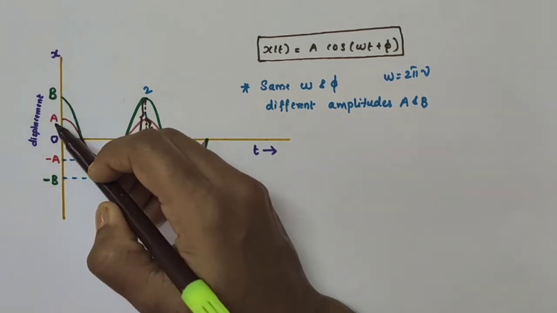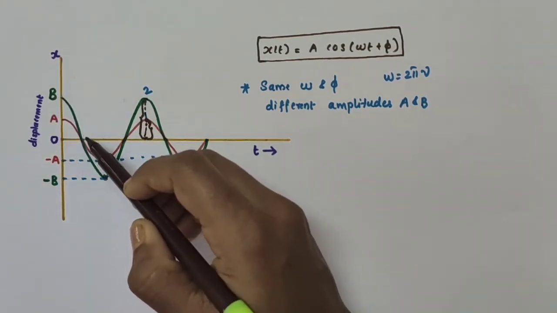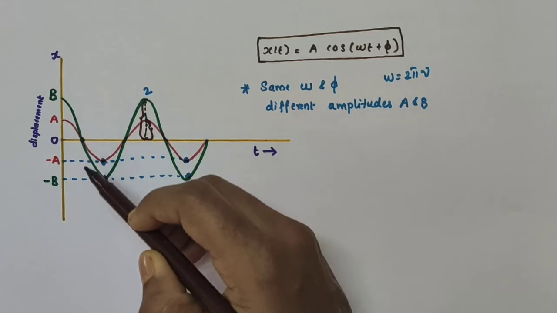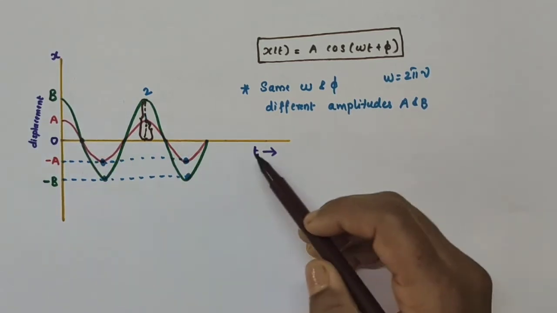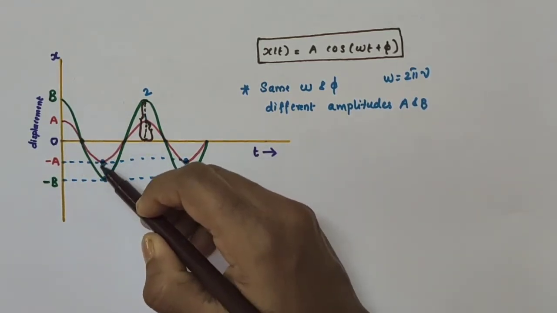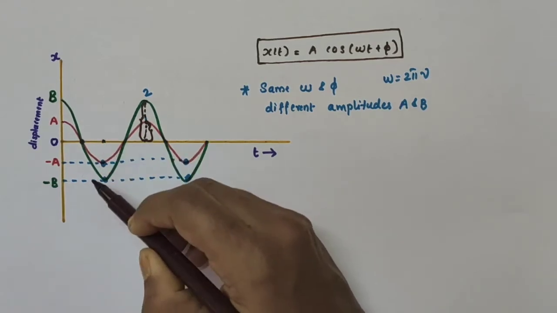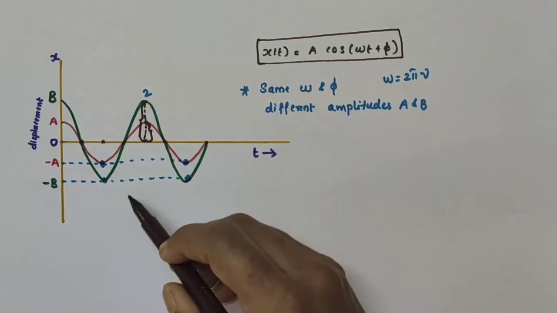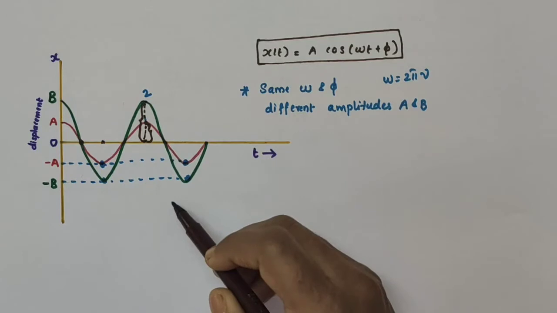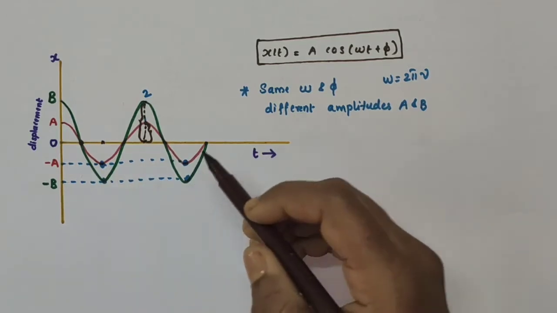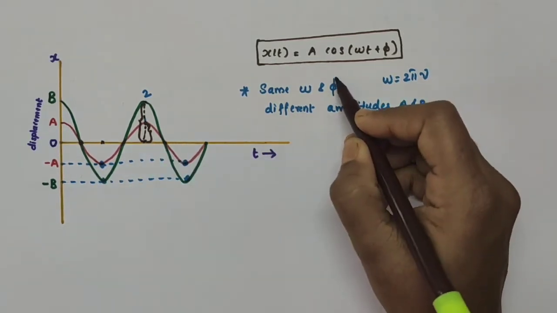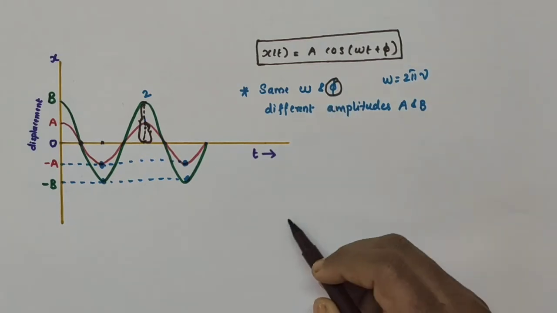Both start from the maximum displacement at the same time. They reach the 0 displacement at the same time. Along this axis we have taken time. Then they reach their negative displacement at the same time. So we can say that there is no phase difference between them.